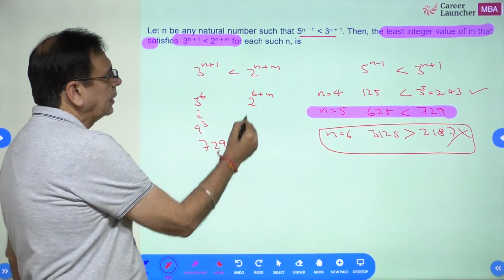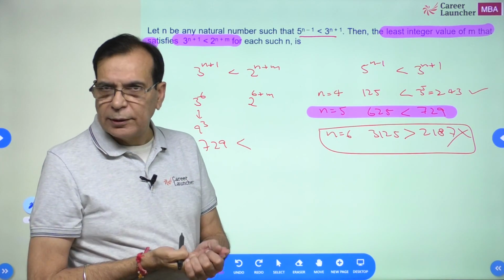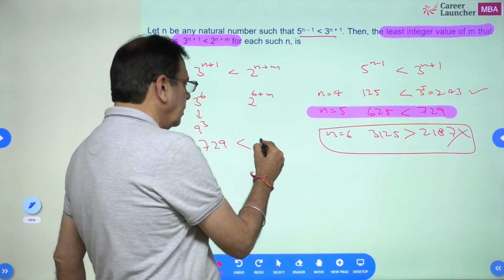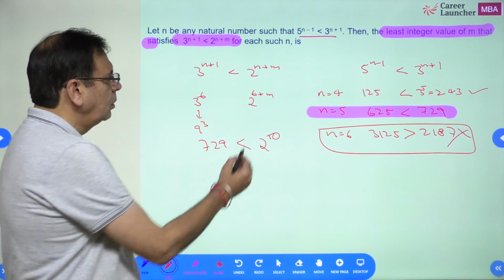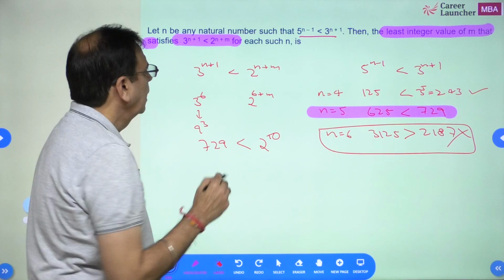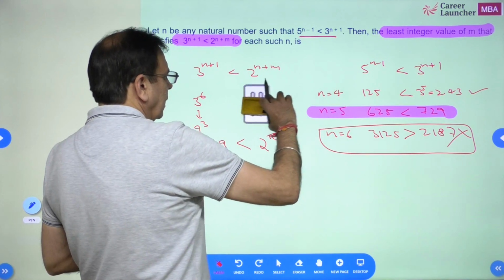So 729 is less than which power of 2? It has to be less than... 2 to power 9 is 512. 2 to power 10 is 1024. So that means, okay, sorry, n equal to 5 डाला था ना हमने, n equal to 5 है, ये गलत लिख दिया मैंने, हाँ.